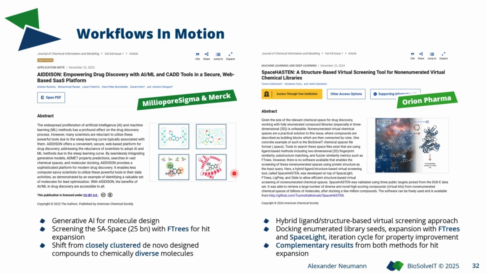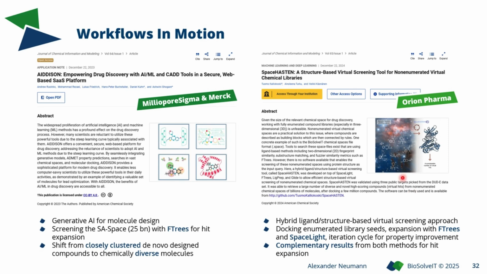And then you say, okay, I would like to purchase compound 5 to 10, another 100 here, another 600 there. And what Millipore Sigma and Merck did here, they actually used FTrees for hit expansion. And they were actually able to show that FTrees was able to extend the de novo designed compounds and increase the diversity here.